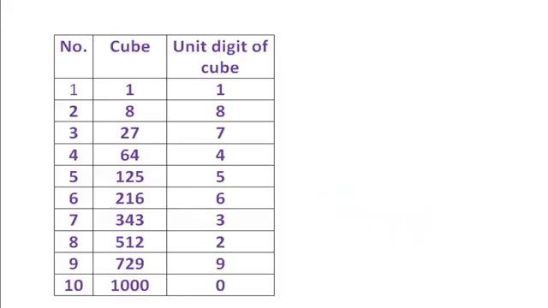Now let's take one more number. It is 300763. I'm making the sets of the numbers. The unit digit of the number is 3. So here we observe the cube of 7 will end in 3.